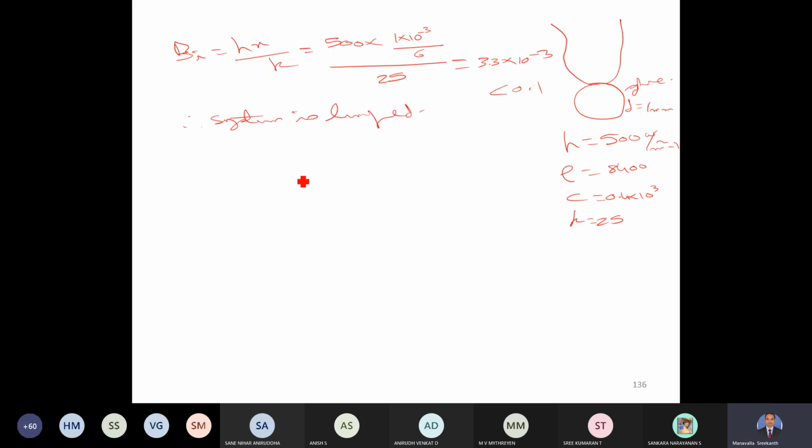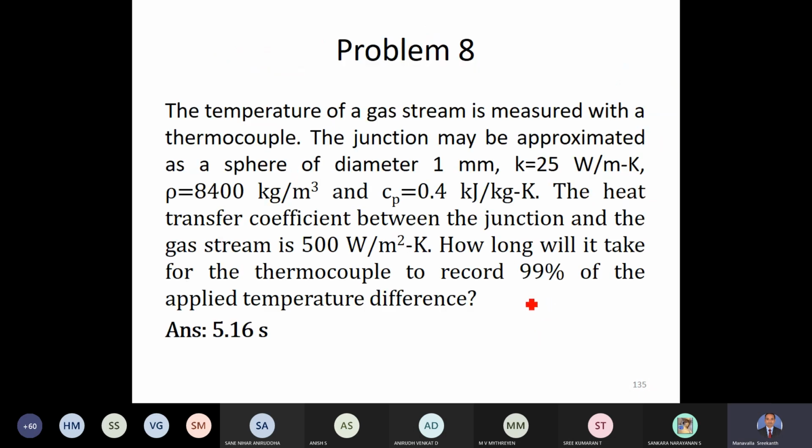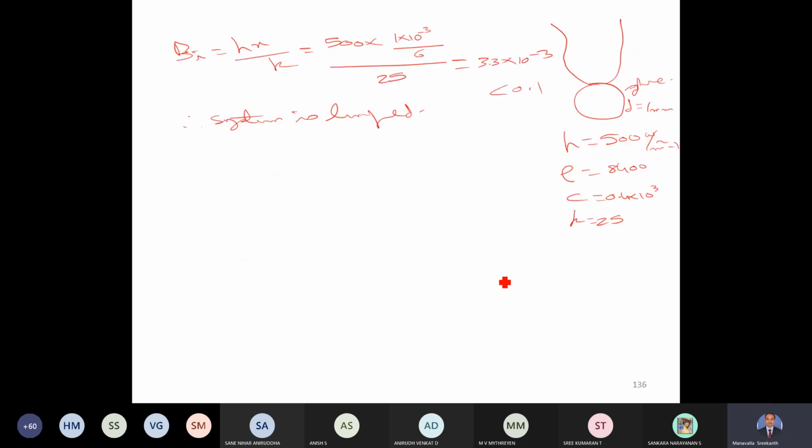So you are lucky. Now the condition also is given saying that how long will it take for the thermocouple to record 99% of the initial temperature difference? If it reaches 100%, then it is the same temperature difference, but 99% means it is almost the same.